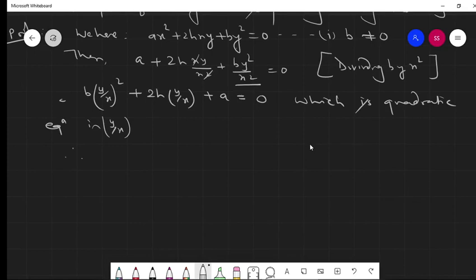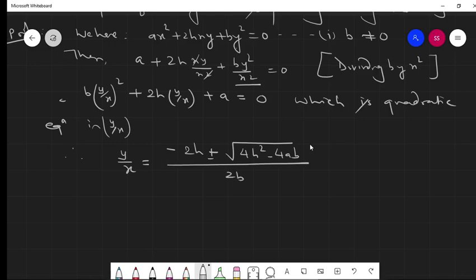So simply y by x equal minus 2h plus minus root under 4h square minus 4ab, all by 2b. You know, for the quadratic equation ax square plus bx plus c equal 0, the values of x are minus b plus minus root under b square minus 4ac by 2a.